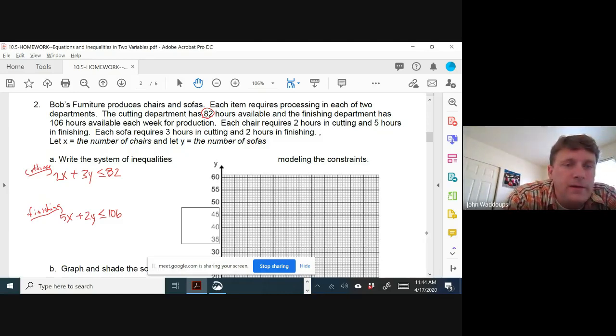And solving for y, this gives me 3y is less than or equal to 82 minus 2x. And then divide by 3.